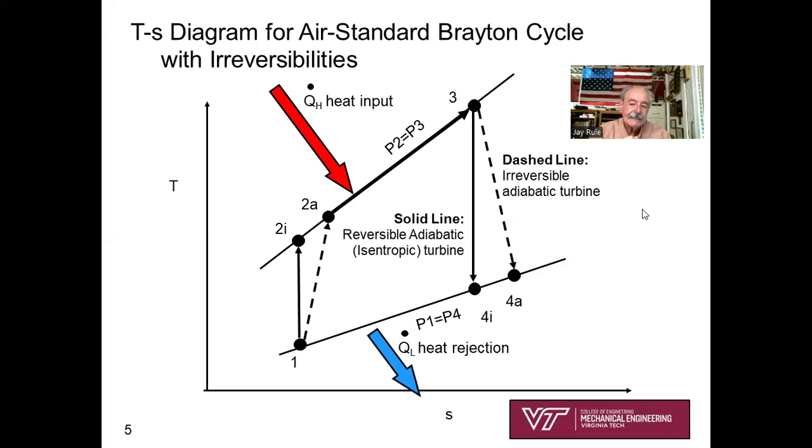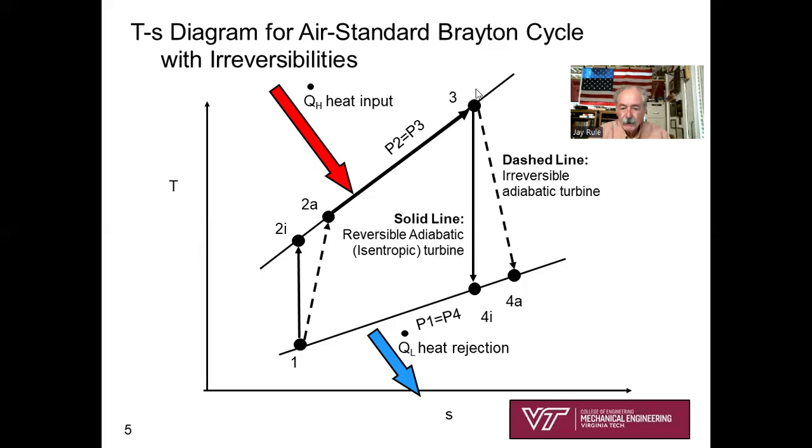If the turbine is ideal, in other words, if it's reversible and adiabatic, well, that's isentropic. So we'd have a vertical line, state 3 to 4I, for isentropic. But we realize that in the real world, that adiabatic turbine is going to have some irreversibilities in it, like unrestrained expansion, maybe some friction in the bearings.